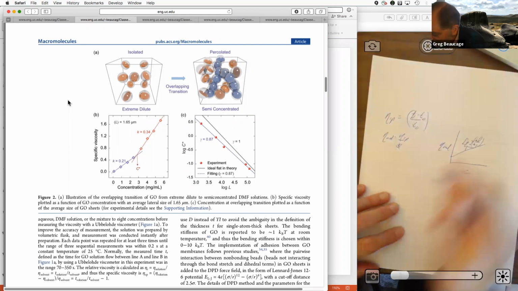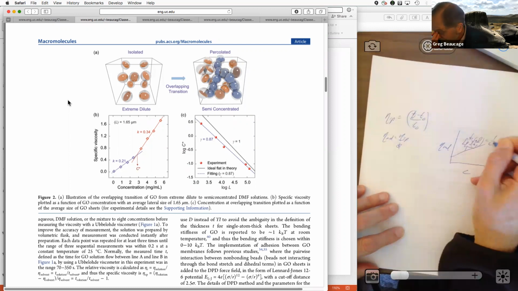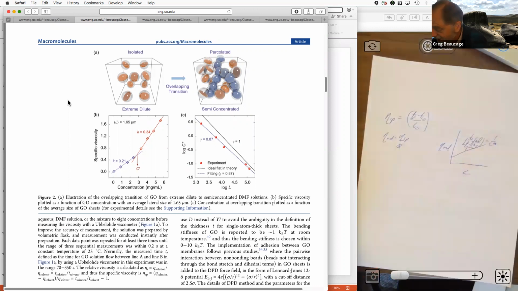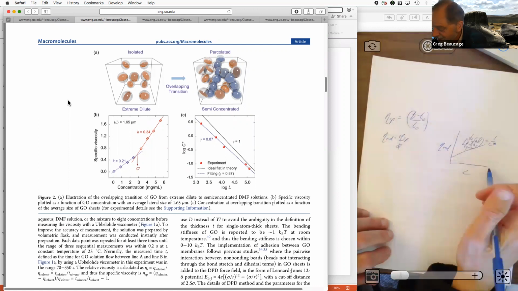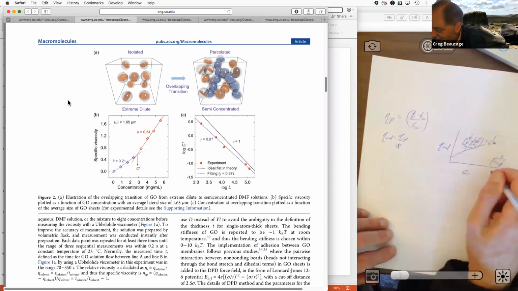So the intrinsic viscosity is not a viscosity, right? What it is is 1 over C star, 1 over the overlap concentration. It's the density, kind of the density of a single unit, a single chain, or in this case, a single sheet. So it's the density of a single sheet that's spun around. It's the hydrodynamic density. So it's the mass divided by the hydrodynamic volume.